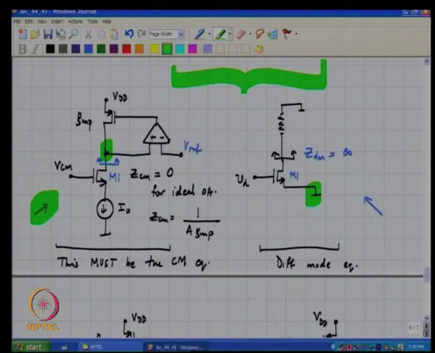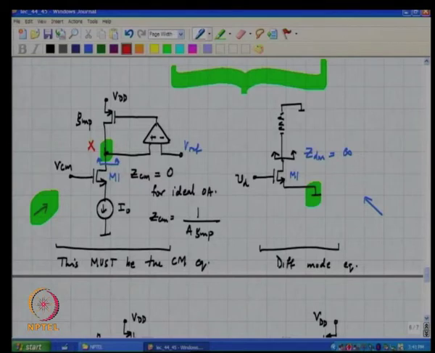It is sensing the potential at x and controlling the gate of the load transistor, right. So in the context of the entire circuit, it must be interpreted as the op amp sensing the common mode voltage at node X, because after all we are talking about the common mode half circuit.